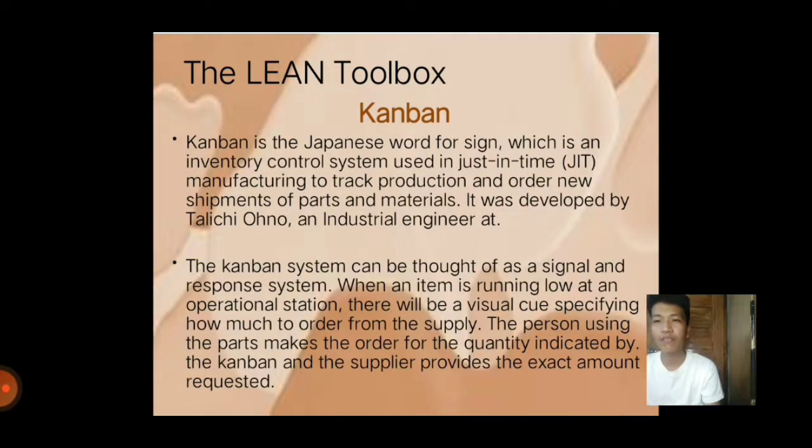The person using the parts makes the order for the quantity indicated by the Kanban, and the supplier provides the exact amount requested. It was originally invented as part of the famous Toyota production system, associated with the pull system and the concept of delivering just-in-time goods.